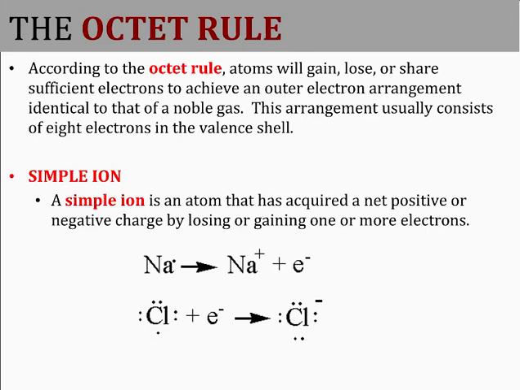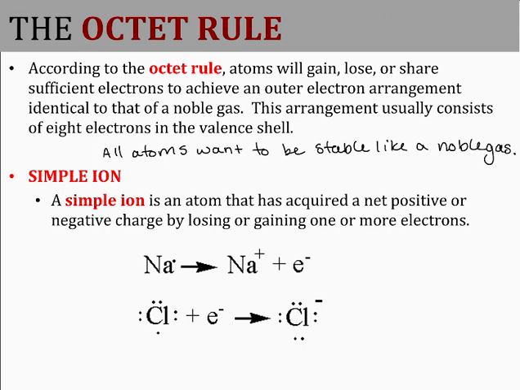So the shorthand way of saying this is all atoms want to be stable like a noble gas. Or you could think of it as noble gases are the cool kids, and all atoms want to be cool.